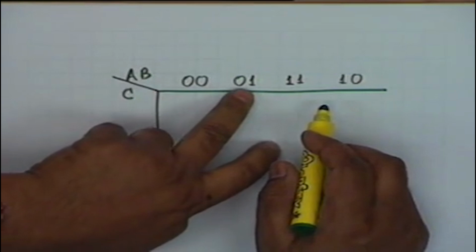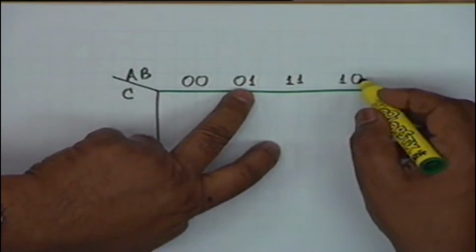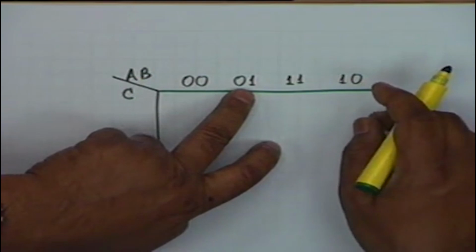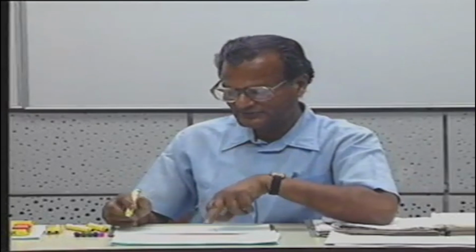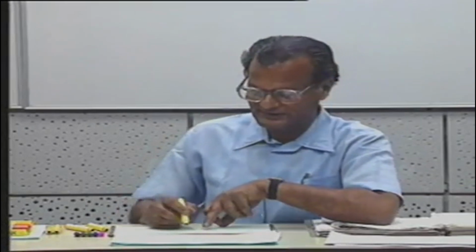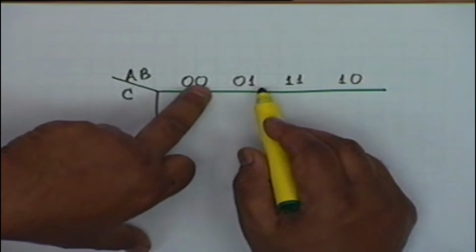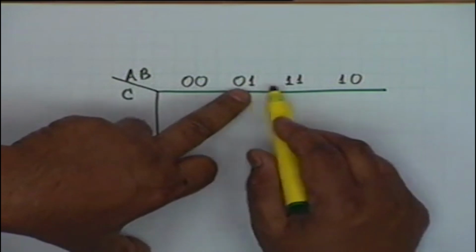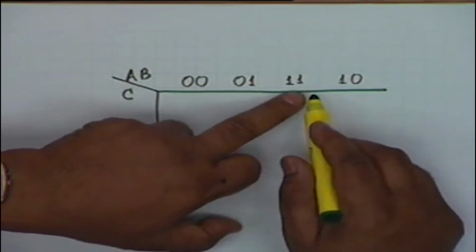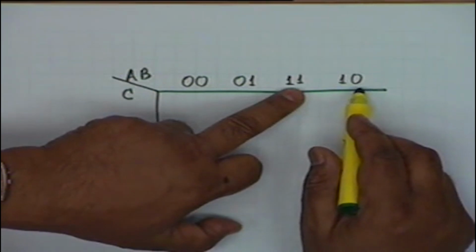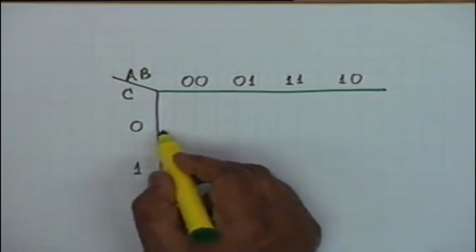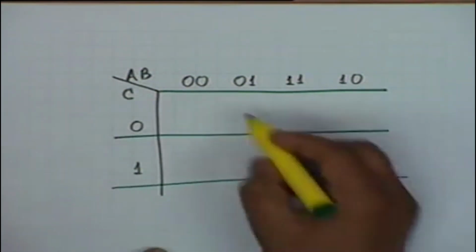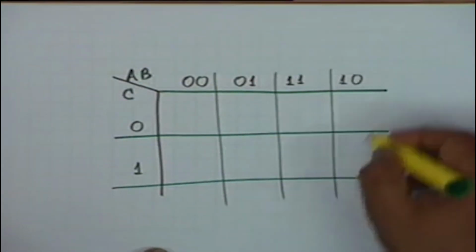You see, we did not write 1, 0 after 0, 1, because that would have meant change in both the bits. This is a discipline that one has to exercise. Consecutive numbers must not have more than 1 bit which is different. 0, 0 and 0, 1, only the second bit is different. 0, 1 and 1, 1, only the first bit is different. 1, 1 and 1, 0, only the second bit is different. Okay, these are the possible combinations, and C can be either 0 or 1. Then you draw squares like this.